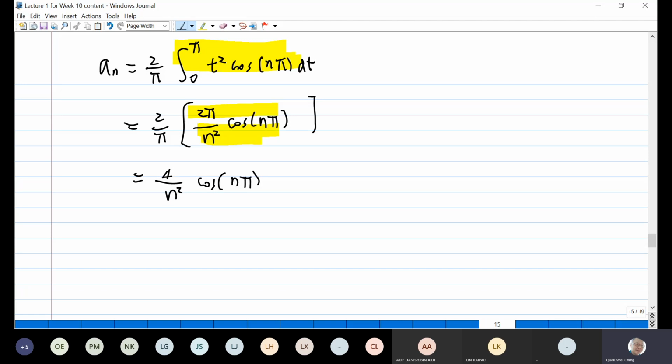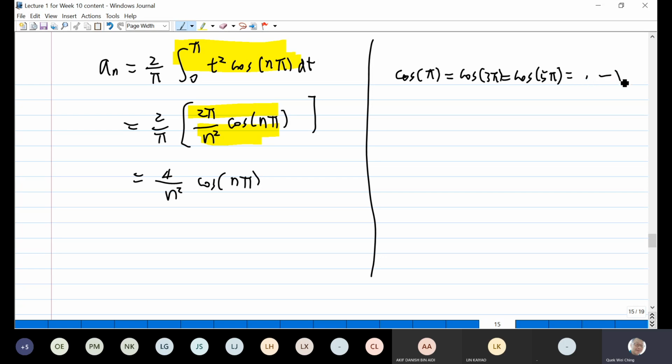This is an. Okay, what is cosine n pi? This is a pattern for cosine, right? First, cosine pi, cosine 3 pi, cosine 5 pi. As long as it is an odd multiple of pi, you will get -1.